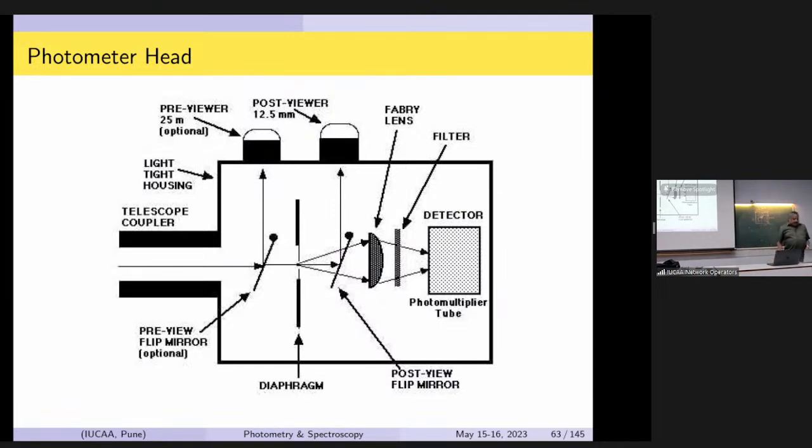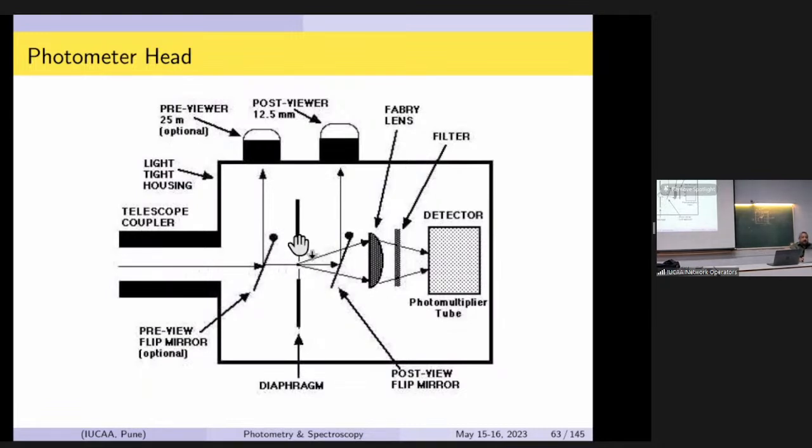So this is where the photometer is shown, and you will notice that the light comes here. There is a flip mirror which allows you to see and focus the star. And then you flip it to the other side, the light goes further. This is a small aperture in which you make sure that the star is within this.